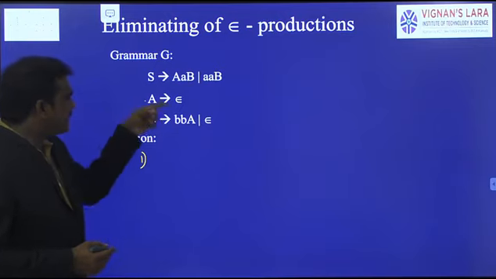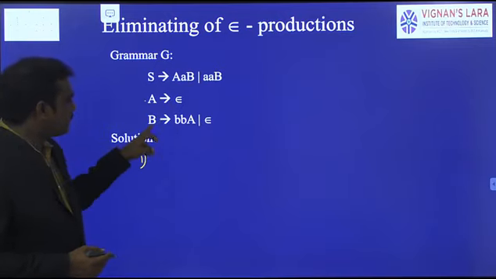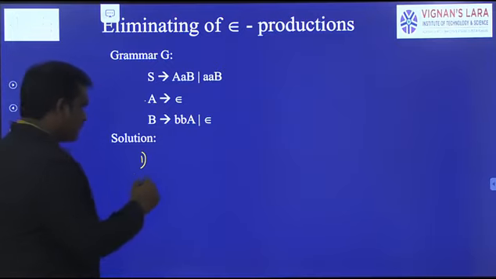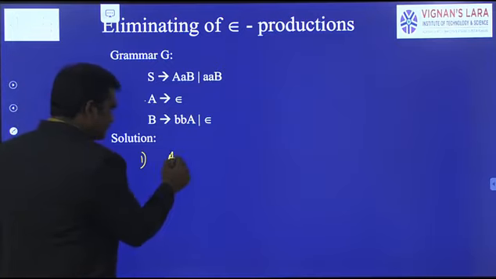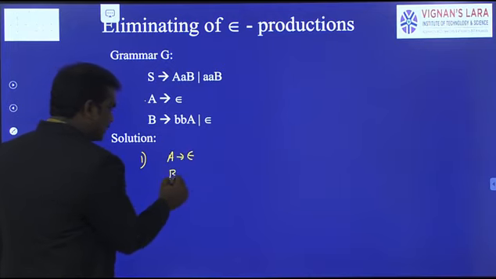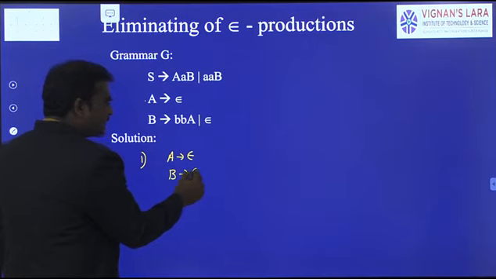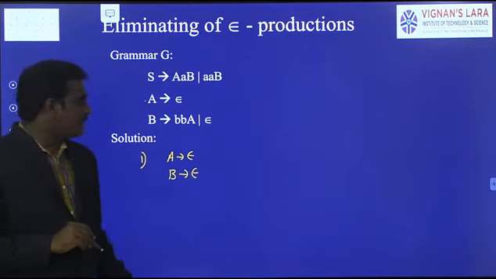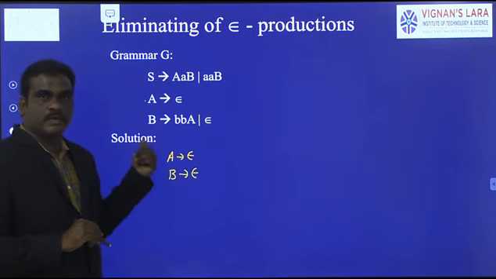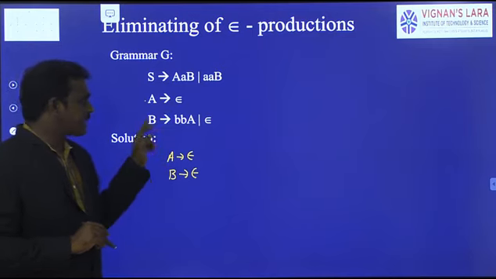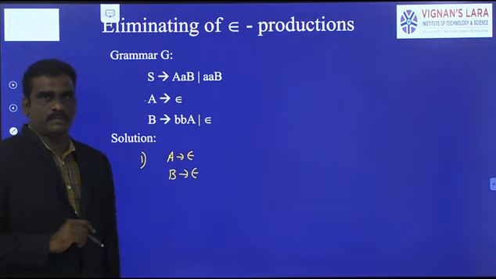In this given grammar, we have a total of 2 nullable productions: one is A to epsilon and the second one is B to epsilon. Whereas in the previous example we had only one nullable production, in this case we have 2.